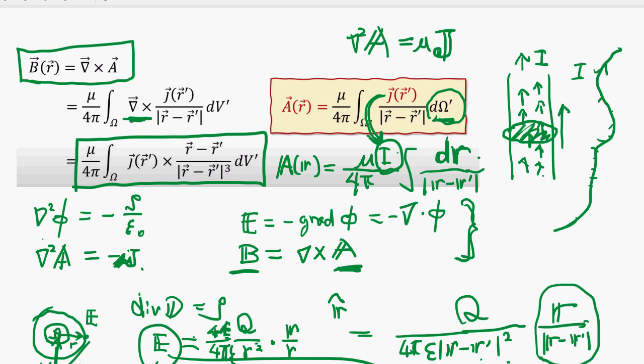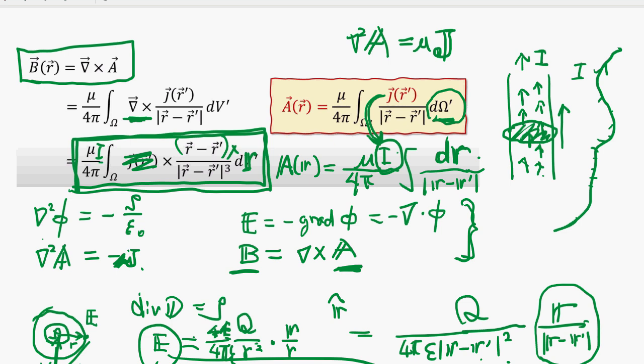And again, it's confusing. This is a volume integral. You change to an R integral, and this is going to be I. Okay, so this is the Biot-Savart equation.